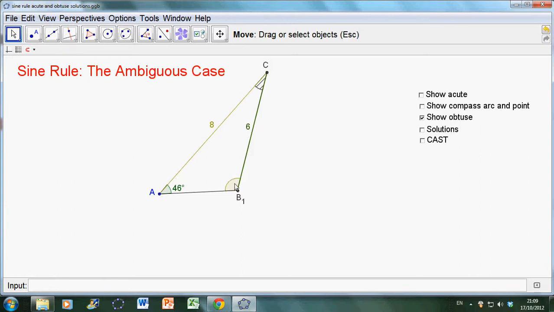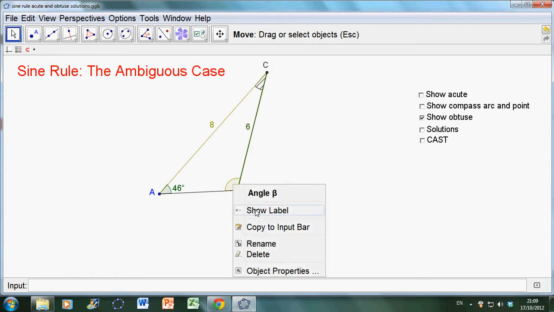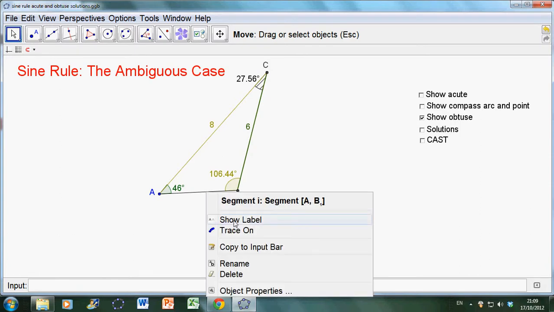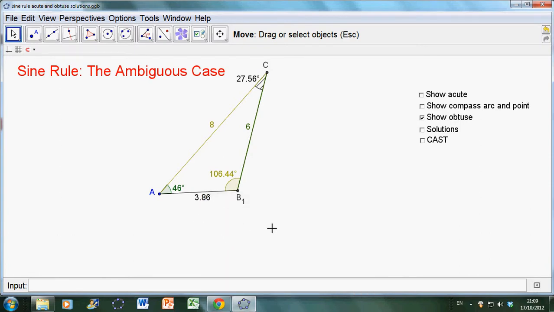So using the sine rule again for this particular triangle, we find that this is 106, an obtuse measure. Up here then we have 27.56, and then following on from that, using our sine rule again, we get 3.86. So we actually have a second, perfectly valid solution for that same question with the values that we got in that original question.